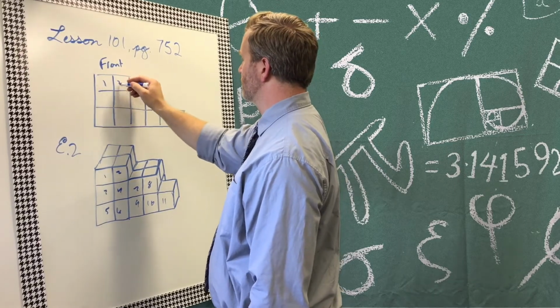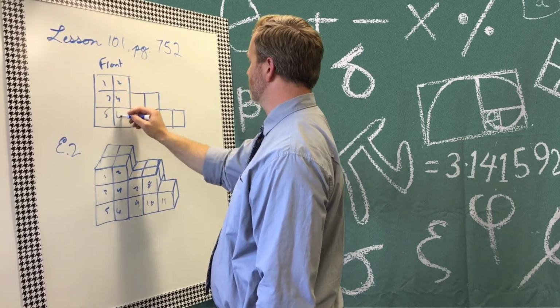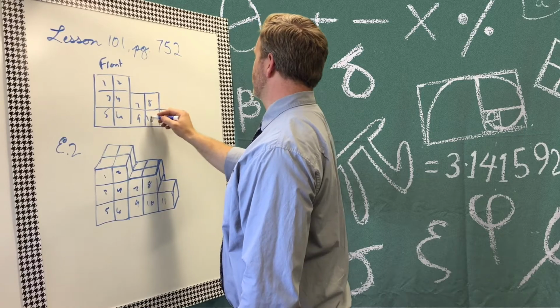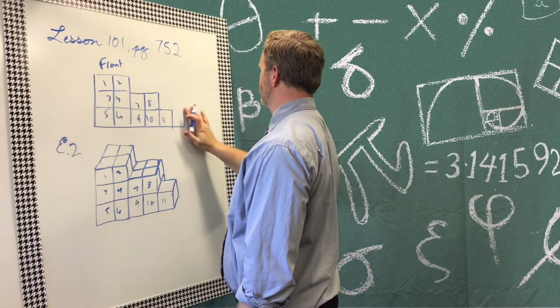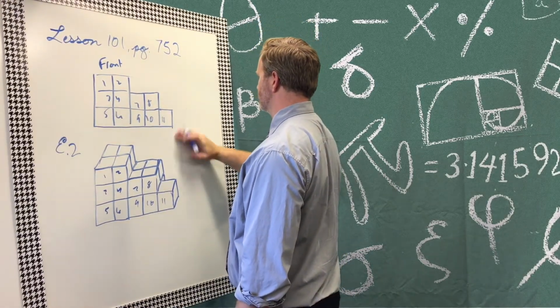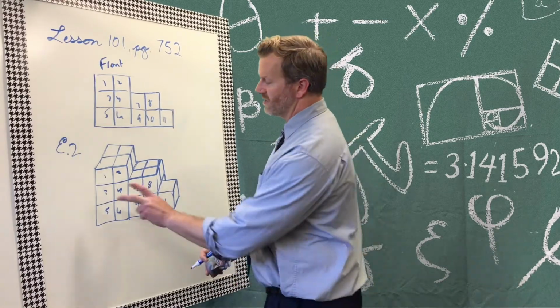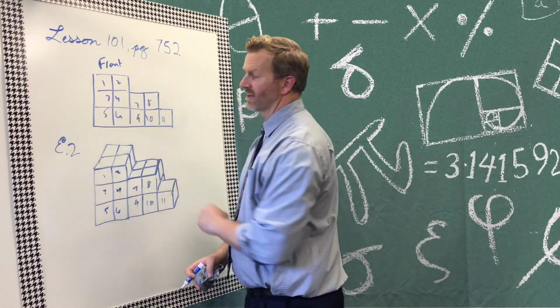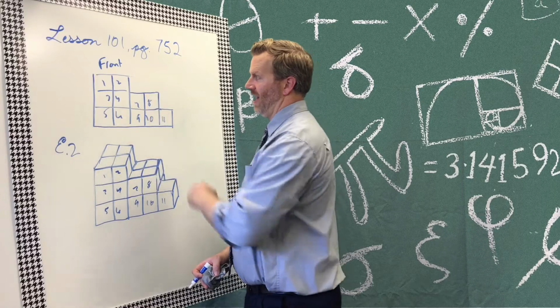So we got 1, 2, 3, 4, 5, 6, 7, 8, 9, 10, 11. Ah, I drew too many. See, check that out. Good thing I was checking.